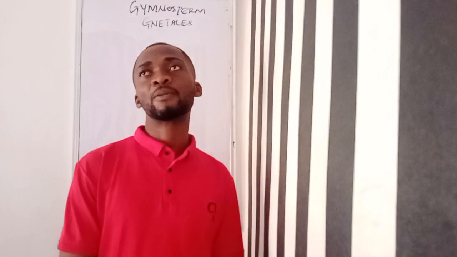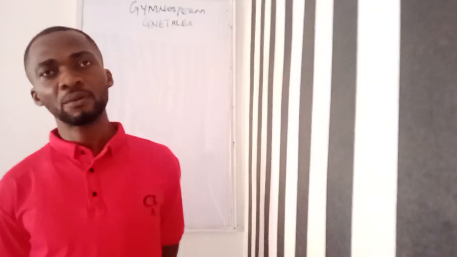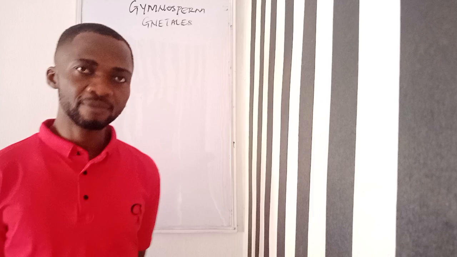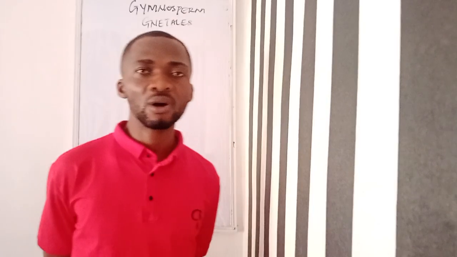Let me dwell on this a little. If you remember when I talked about the characteristics of gymnosperm, I said that the xylem of gymnosperm is not as complex as that of the angiosperm. In a typical xylem, you see the tracheids and you see the vessel. But the xylem of gymnosperm lacks vessel, and consists of tracheids.